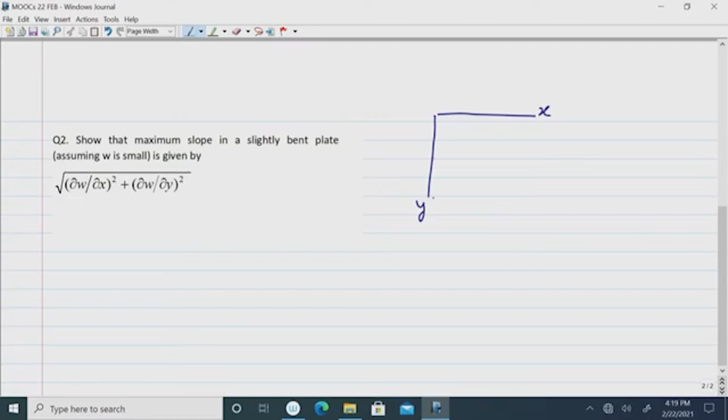We know the slope in x and y directions. Now, if I take an element of a plate of length dx and width dy, in any other normal direction, say this direction is denoted by n direction, and the other perpendicular direction is the t direction, the tangential direction, and say the normal is making an angle alpha with the x axis.